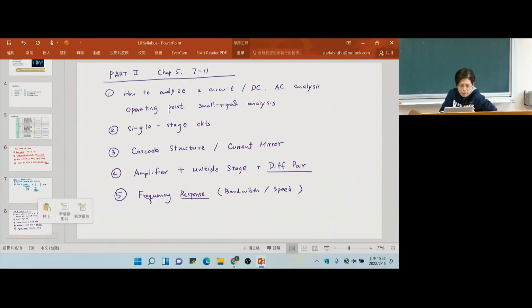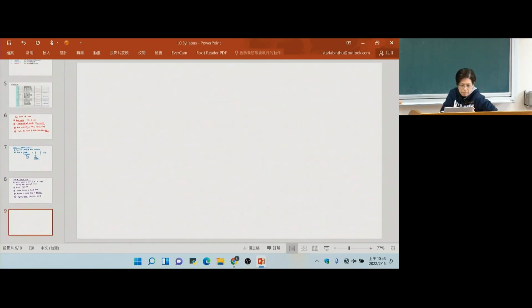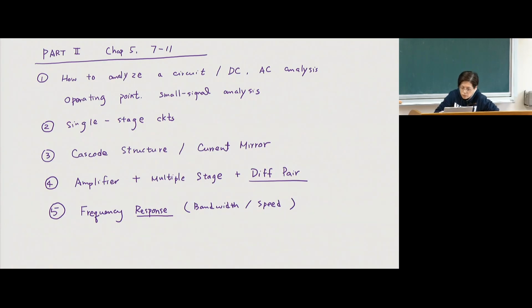And then lastly, I want to add a page. Even though we're at the starting point of the class, I wanted to make sure that you understand where you're at. So you start with circuit theory courses.